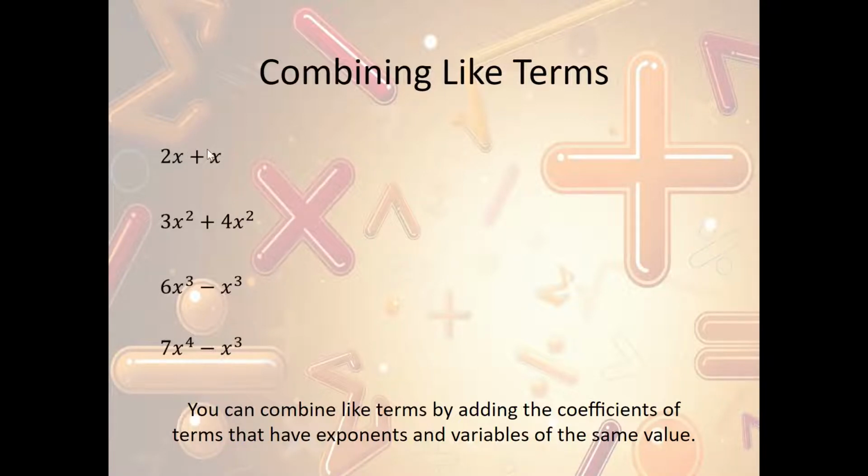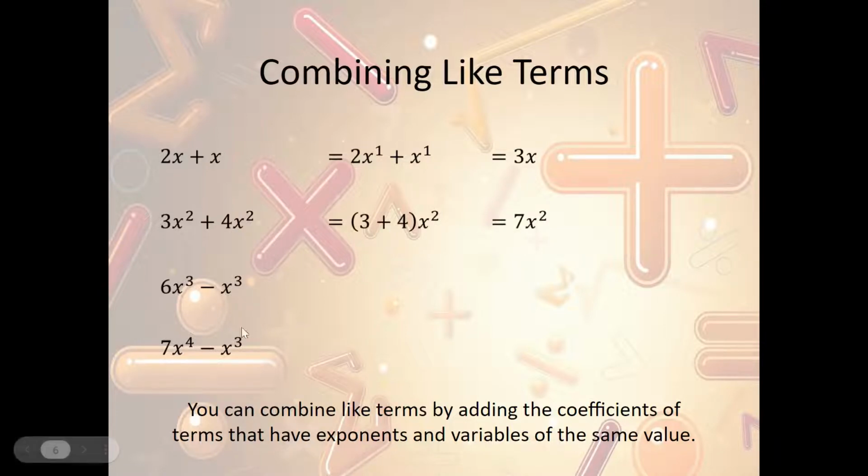Really, it's an imaginary exponent of 1. So we can just add these. 2x plus x is 3x. We have 3x squared plus 4x squared. Again, same variable, they're both x's. And the powers match, so we just add the coefficients. That's 3 plus 4, which is 7x squared.